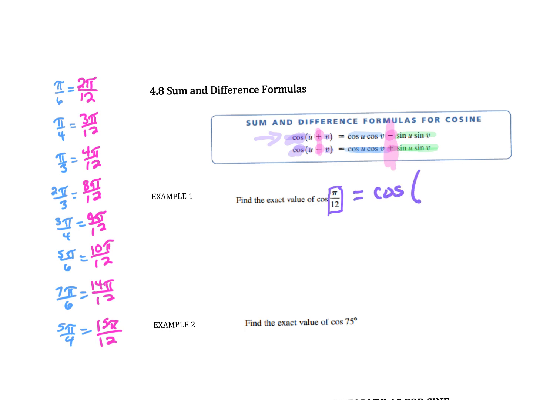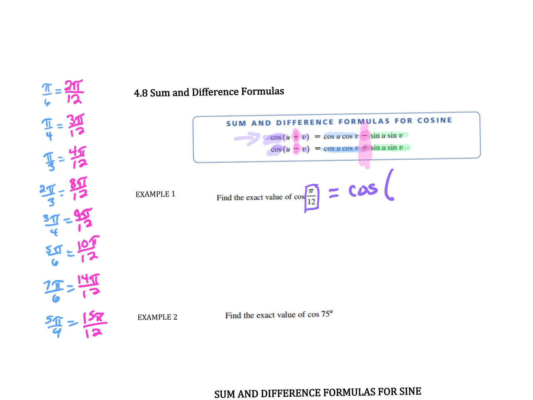8 and 9. Okay, so we're going to rewrite this cosine of pi over 12 as 9 pi over 12 minus 8 pi over 12. We're going to have to go to our unit circle and find values, and it's going to be easier if we think about these numbers in their reduced form also.